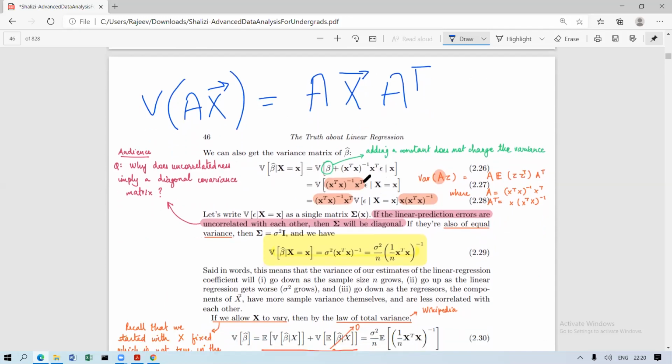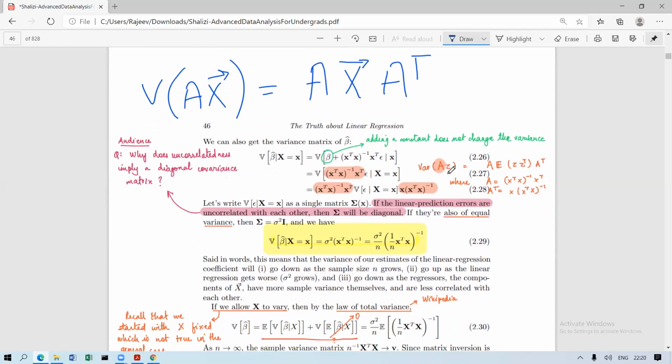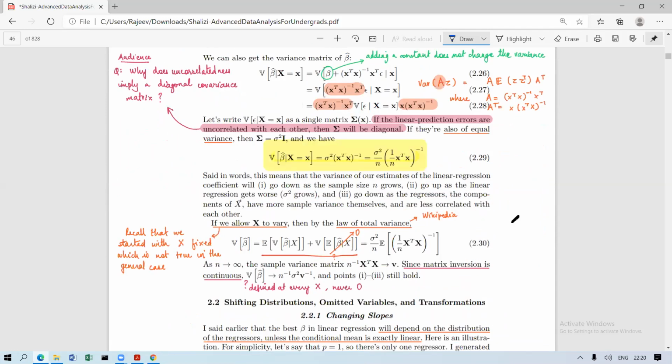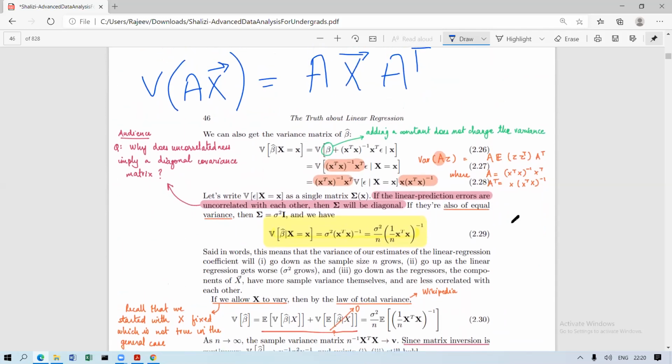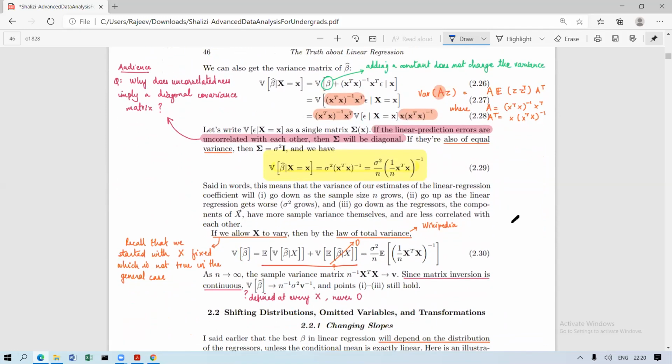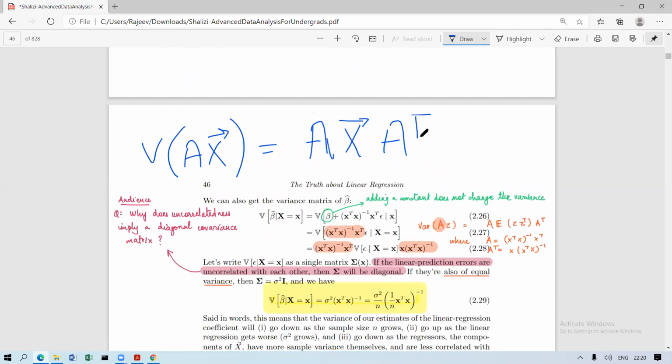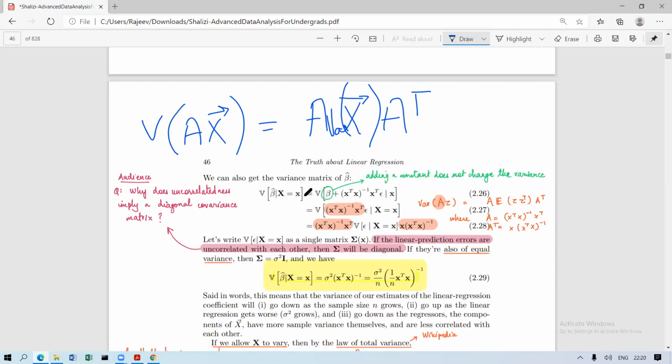Then what you are left with, this is what A is here. So here it should be the variance of this. A is some constant.